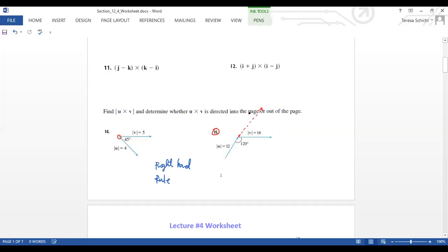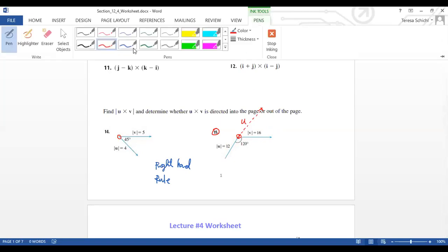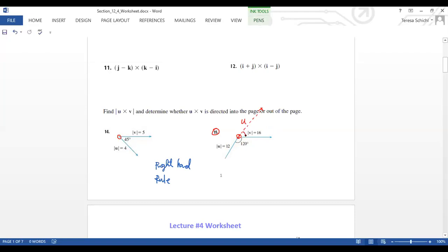Because you start at the same point, and this is 120, this angle is 60.